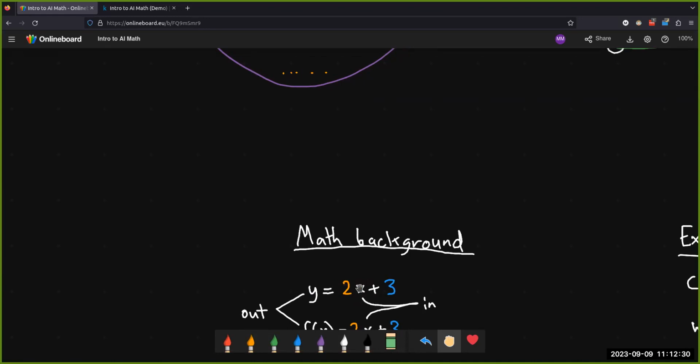We can put it into this equation, and then we'll have something like, okay, let's say x is equal to 2. Then we put it into this equation, we get 2 times 2 plus 3, and that's going to give us 7. So we can take our input variable, x, put it into this equation right here, and then we'll get back some output, which we call y.